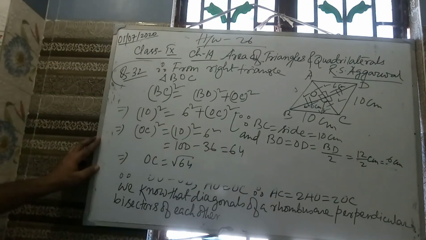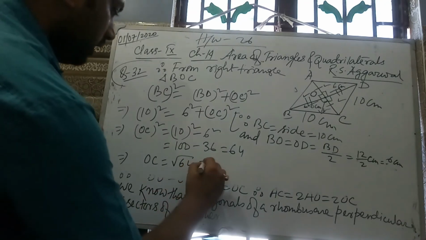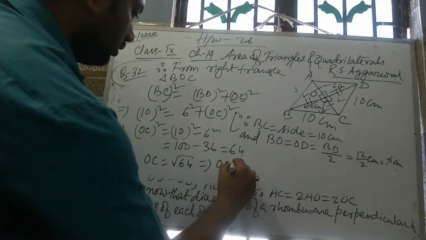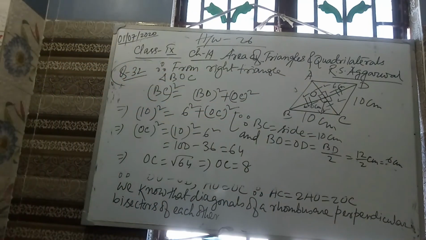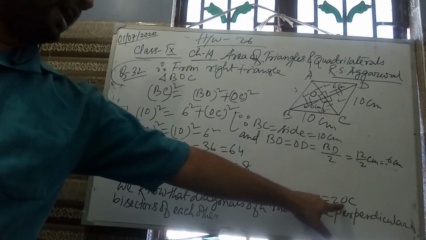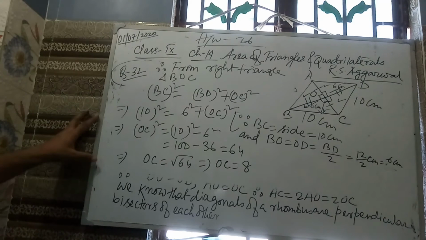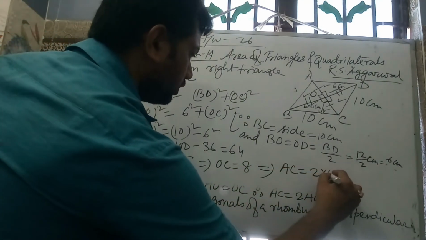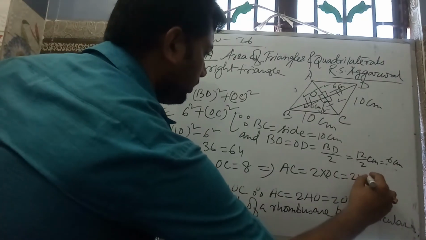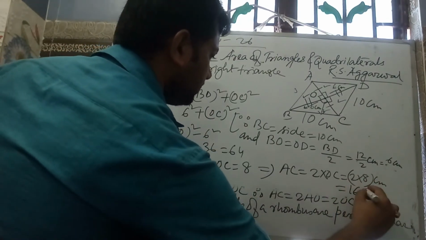OC square equals 64, OC equals root 64. That implies OC equals 8. So if OC equals 8, AC equals twice OC. That implies AC equals 2 into OC equals 2 into 8 centimeter equals 16 centimeter.